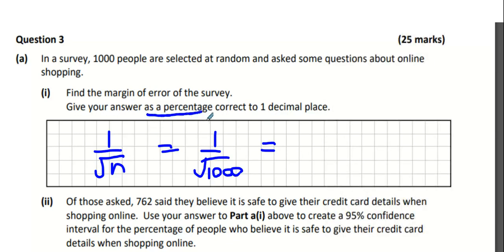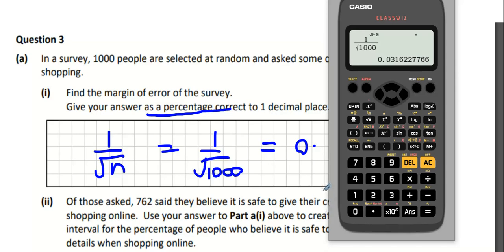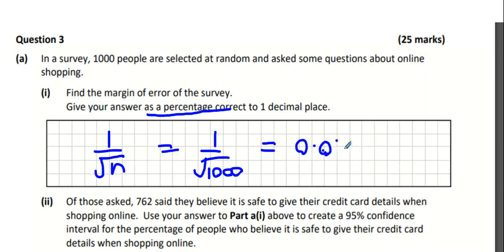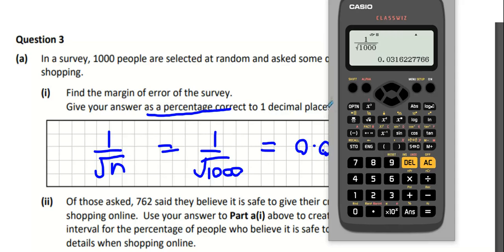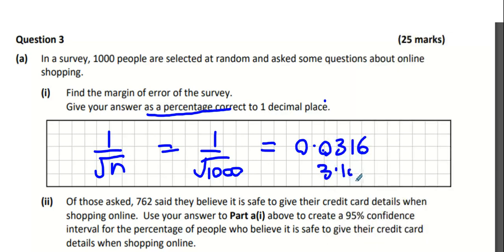Now, it wants the answer as a percentage, so I'm going to multiply this by 100 to change it into a percentage, and you get 3.16%, but it wants it to 1 decimal place, so it'll be 3.2%.